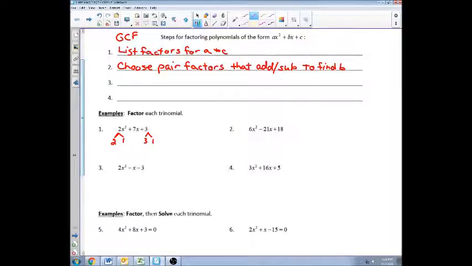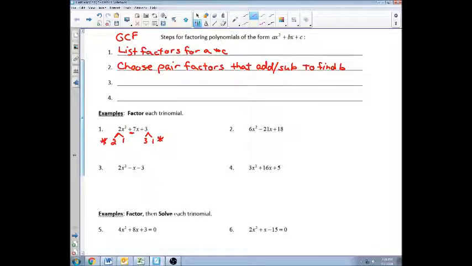So what I'm trying to add to here is positive 7. I need to find some combination of multiplying the numbers from this side with the numbers from that side that will add to my B value, which is positive 7.